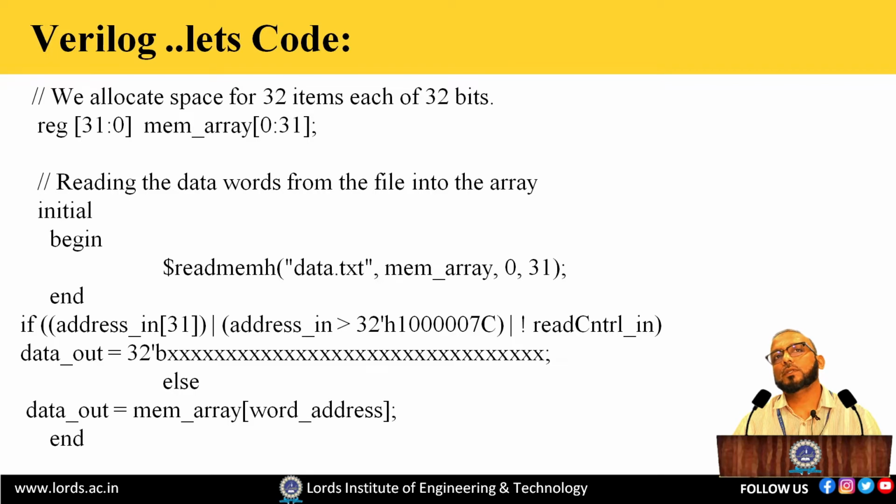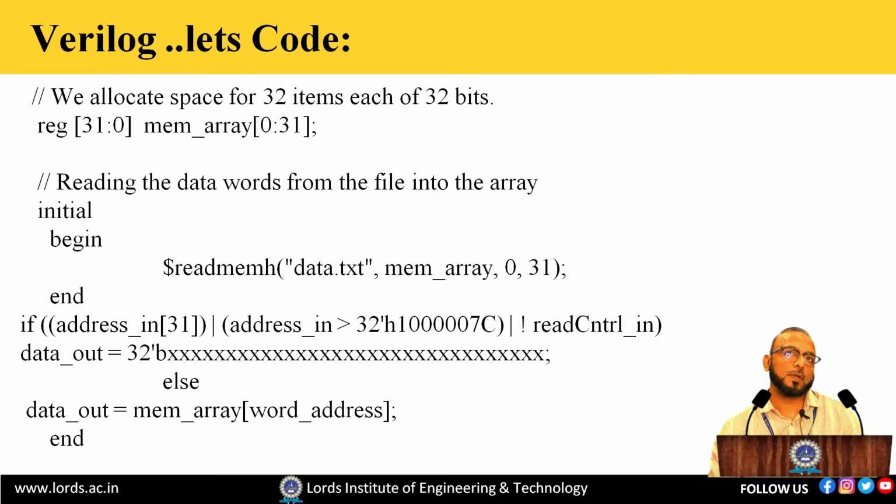If the 31st bit of my address in, and my address in is greater than 7C, a 32-bit address in hexadecimal format, 100007C, and read control is low, that is not of read control n, then my data out should appear like this.